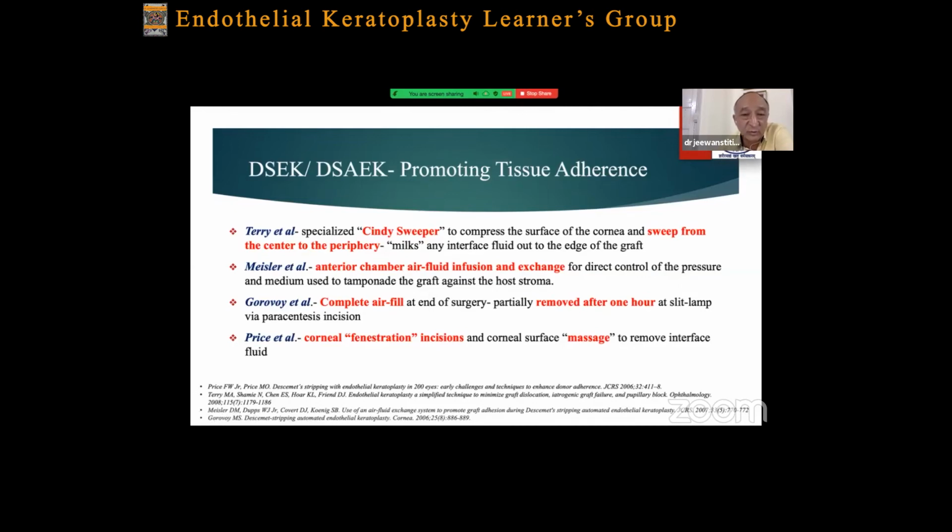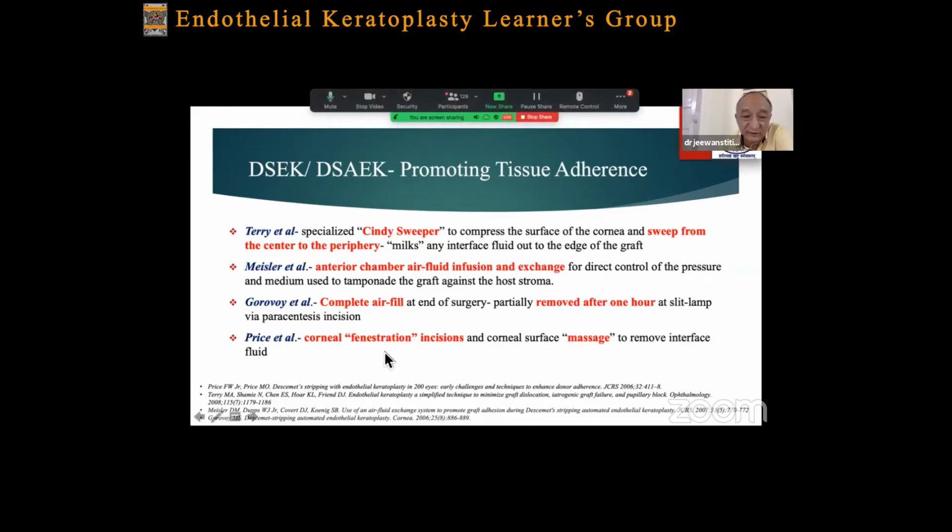Anterior sweeper will decrease the chances of dislocation in the post-op period. Meisler et al. described the anterior chamber air fluid infusion or exchange in these cases. Gorovoy had the idea of a total air fill for at least 1 hour after surgery, then subsequently deflating it at a slit lamp.